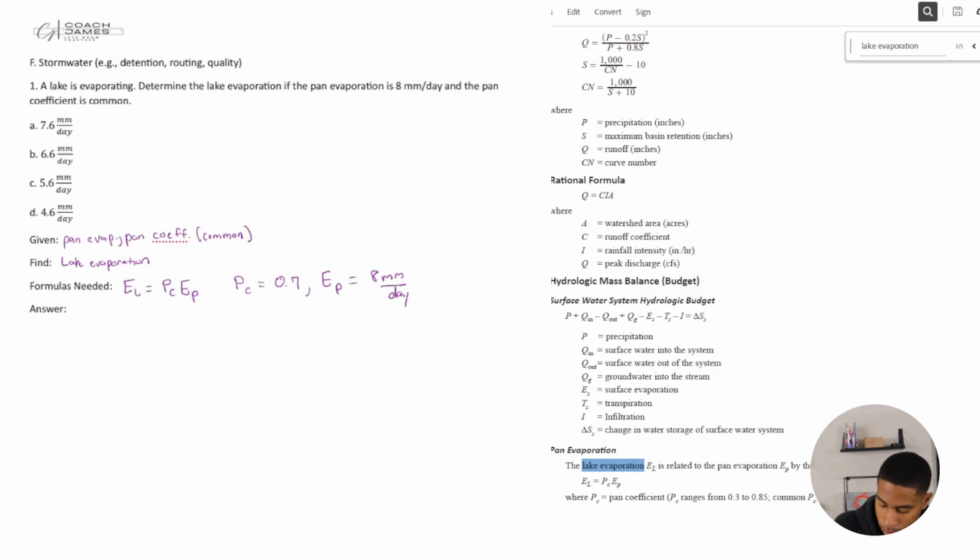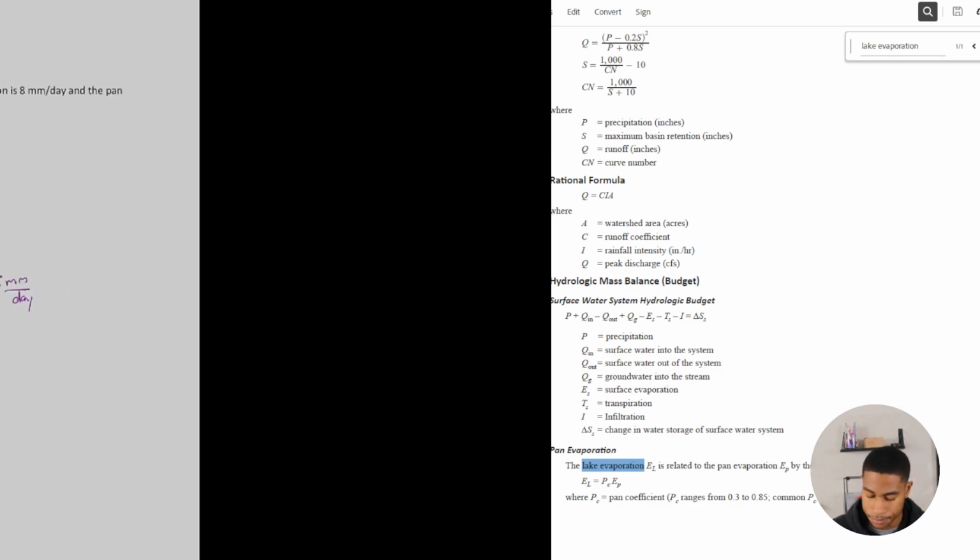All right, so now we're just going to multiply these out. Lake evaporation is equal to 0.7 times 8 millimeters per day. And so when you do that, I get my lake evaporation to be 5.6 millimeters per day, or C. All right, pretty simple, straightforward.